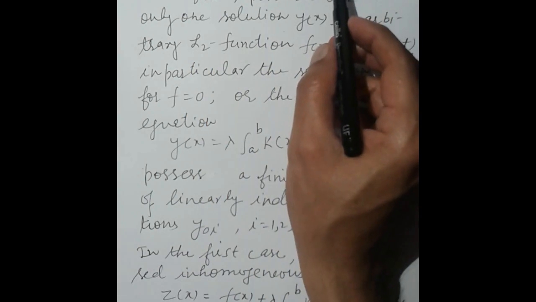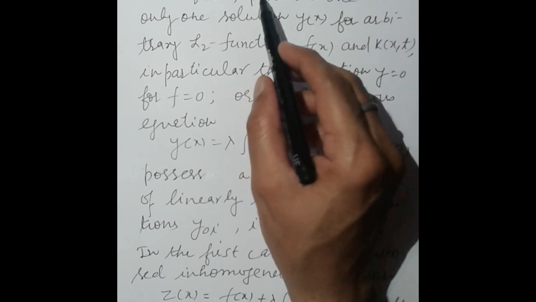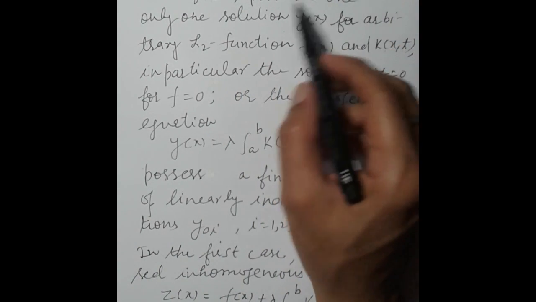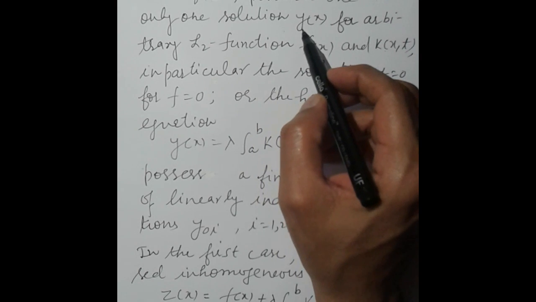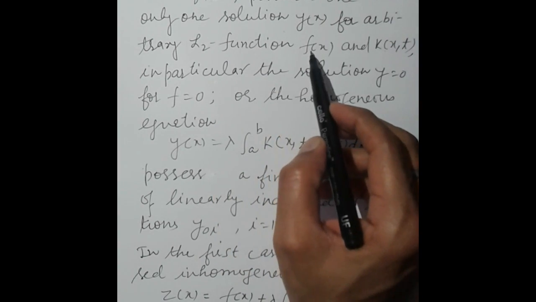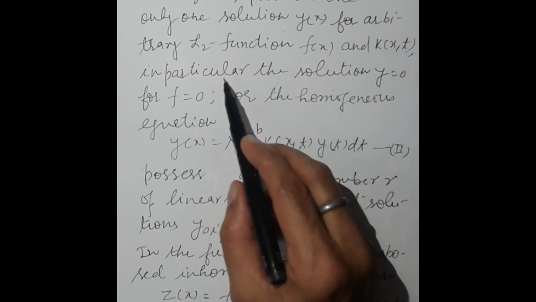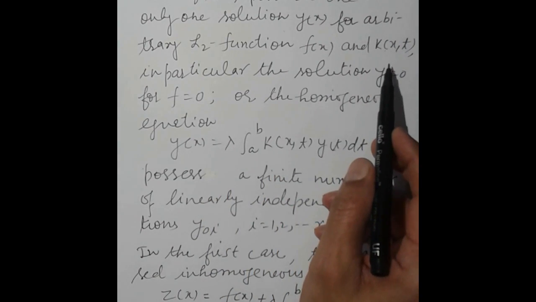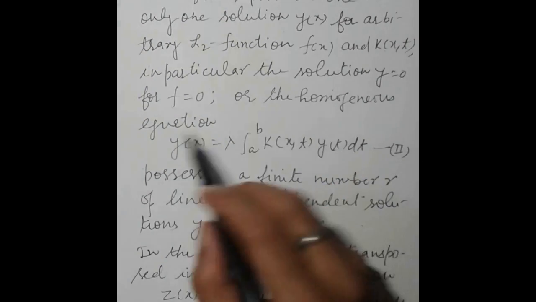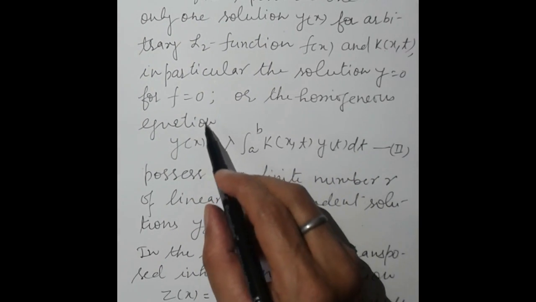Either the integral equation y(x) equal to f(x) plus lambda, the integral from a to b k(x,t) y(t) dt with fixed lambda possesses one and only one solution y(x) for arbitrary L2 function f(x) and k(x,t). In particular, the solution is y equal to 0 for f equal to 0.